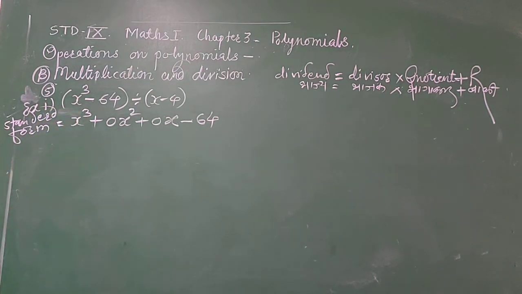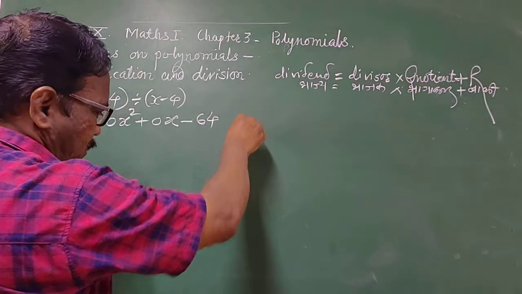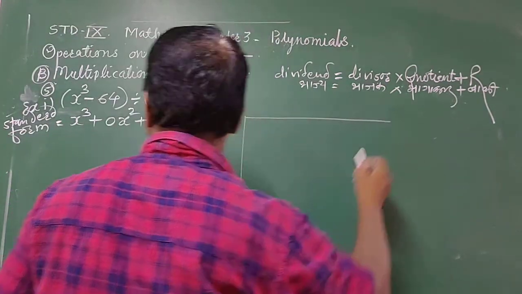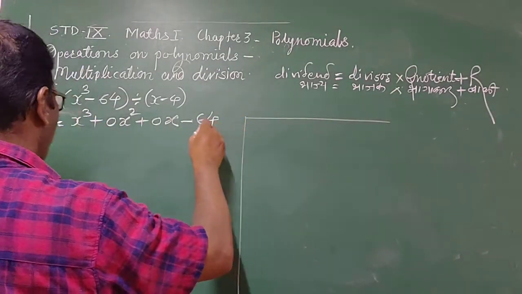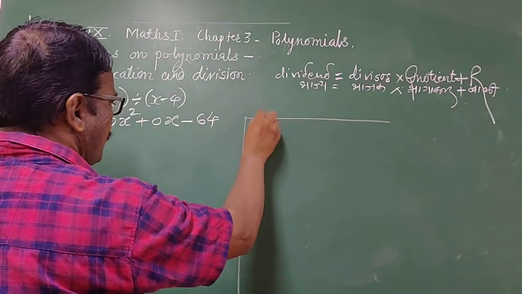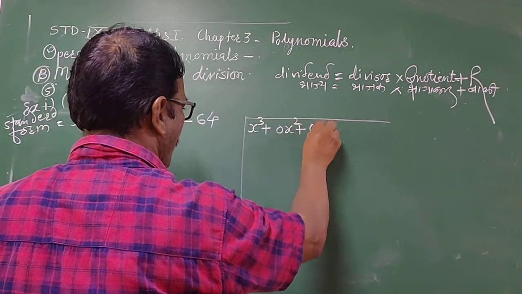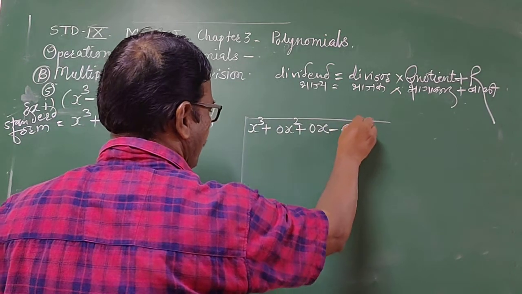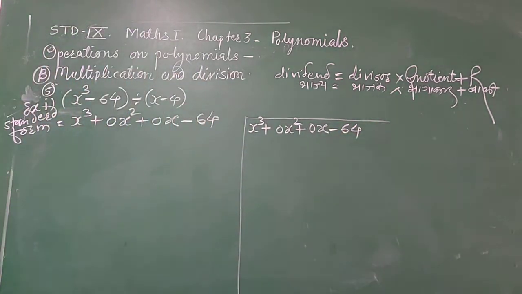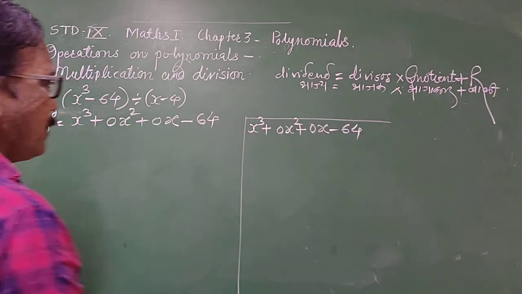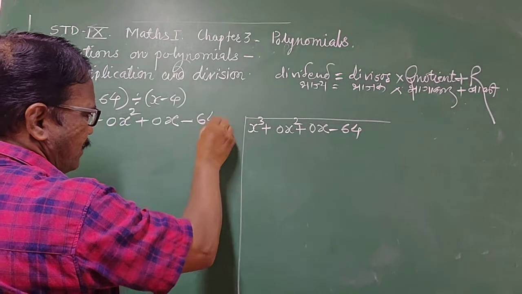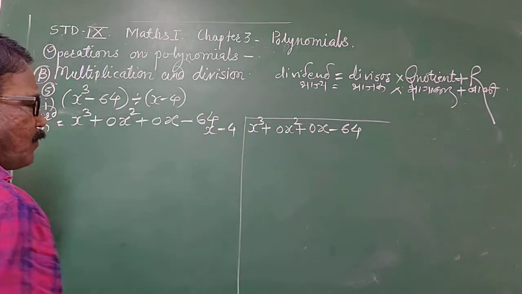Given polynomial, and then the process. Write the given dividend, x cube plus 0x square plus 0x and minus 64, in standard form, and the divisor, that is x minus 4.